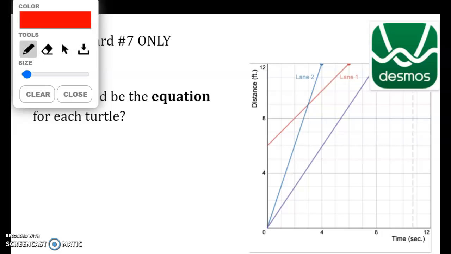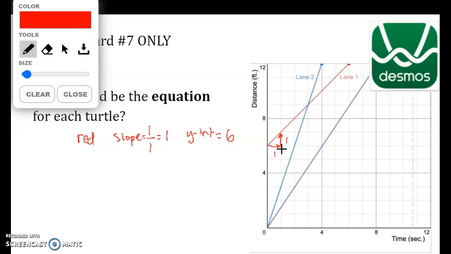So for the red turtle, where is he starting? What is the Y-intercept? The Y-intercept is 6. And what is the slope? We said as x changes by 1, y changes by 1, so it's 1/1. Rise is 1 and run is 1, so that's just 1.